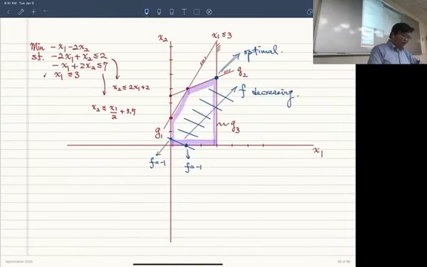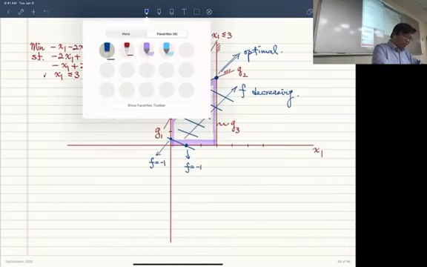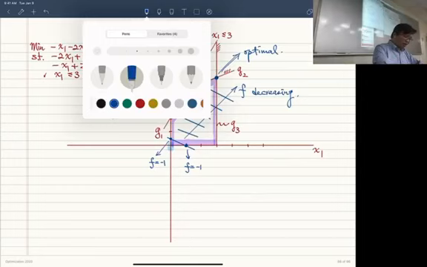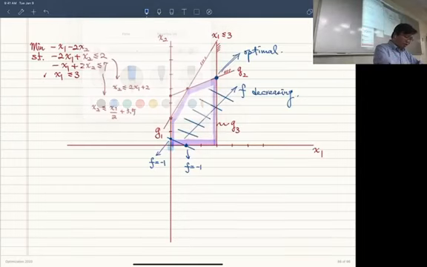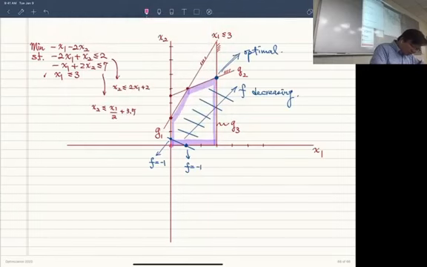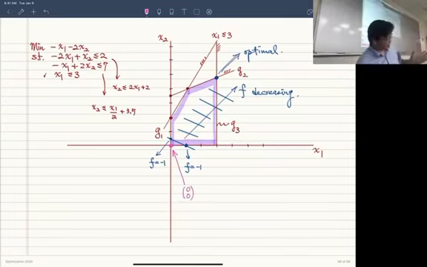So in the figure, we actually start from this point. Not clear enough. Maybe change a color here. Okay. We actually start from here. That's our 0, 0. That's our initial point.